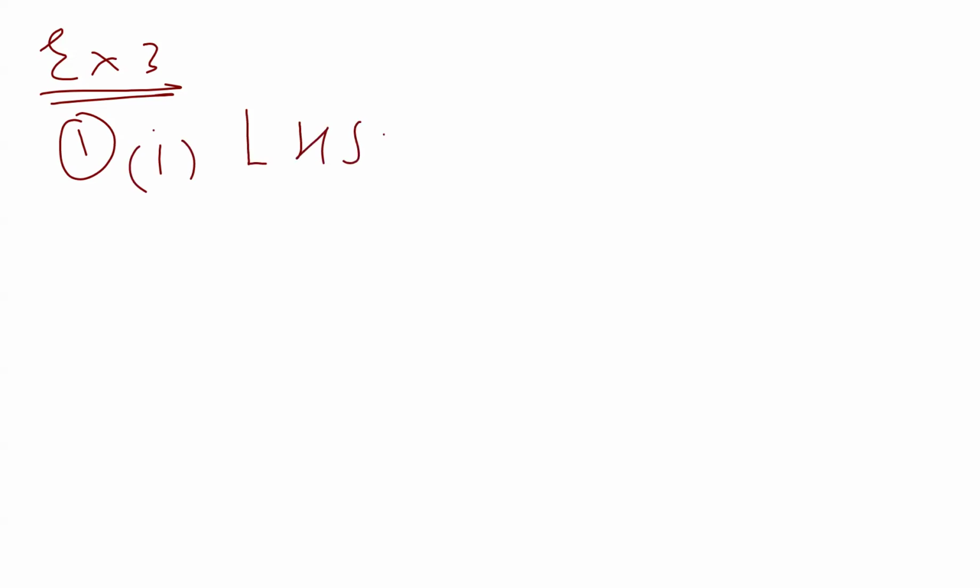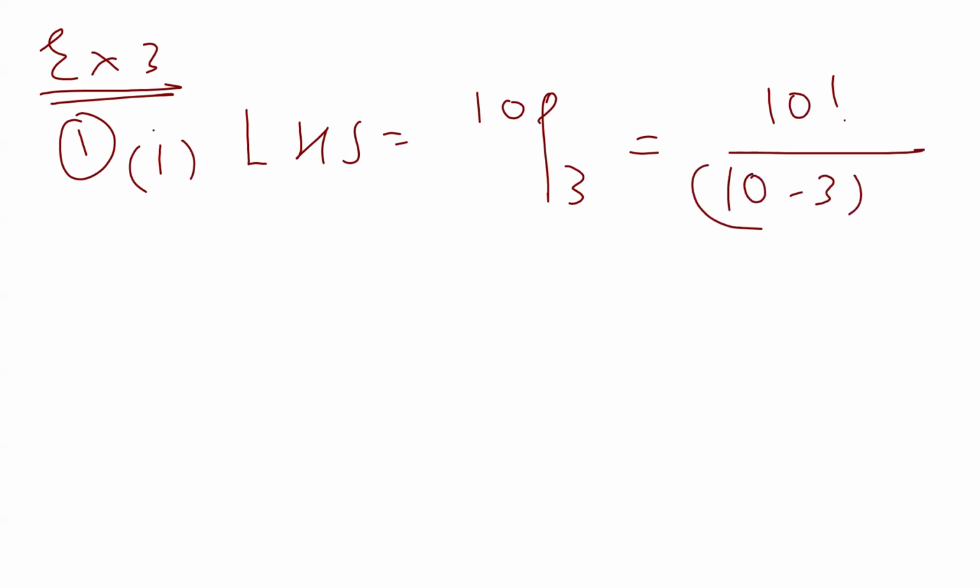Exercise number 3. Question number 1. So it's a proof problem. Sub question 1. Left hand side: 10P3. So this is 10 factorial upon (10 minus 3) factorial, so 10 factorial upon 7 factorial.